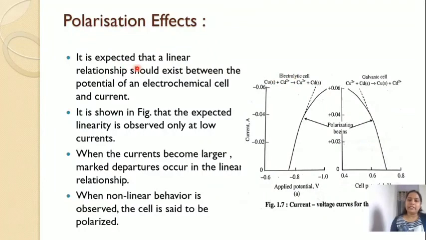It is expected that a linear relationship should exist between the potential of an electrochemical cell and the current. That means if the applied potential increases, then the current increases linearly with potential.